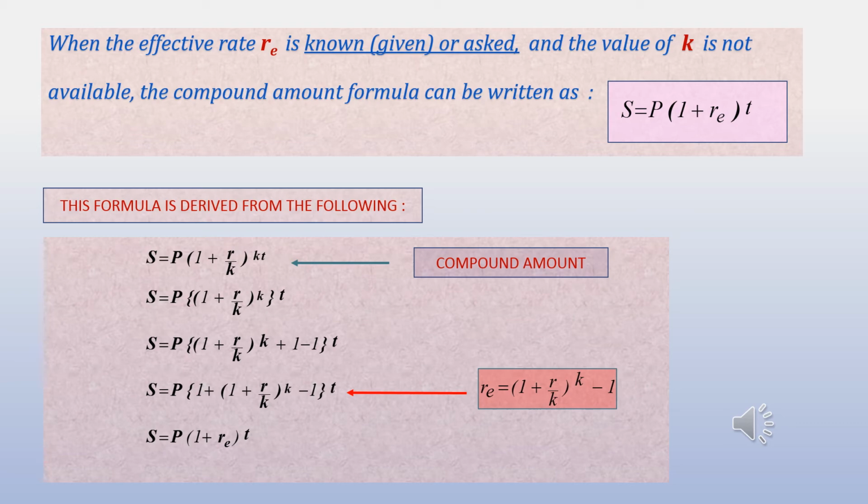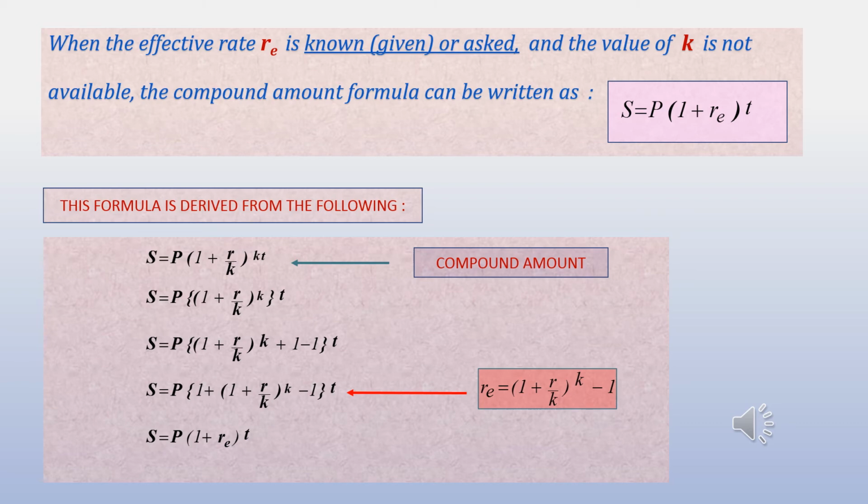When the effective rate Re is known, given, or asked in the problem, and the value of k is not available, the compound amount formula can be written as S equal to P multiplied by 1 plus Re to the degree of t.